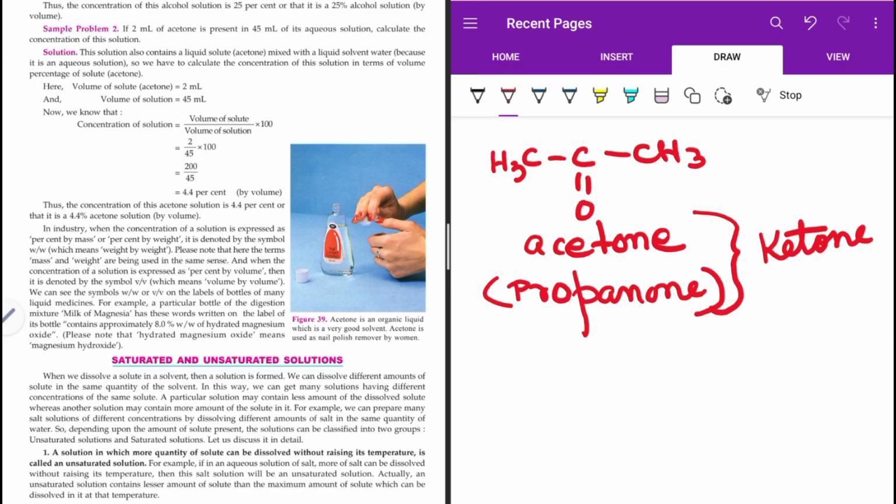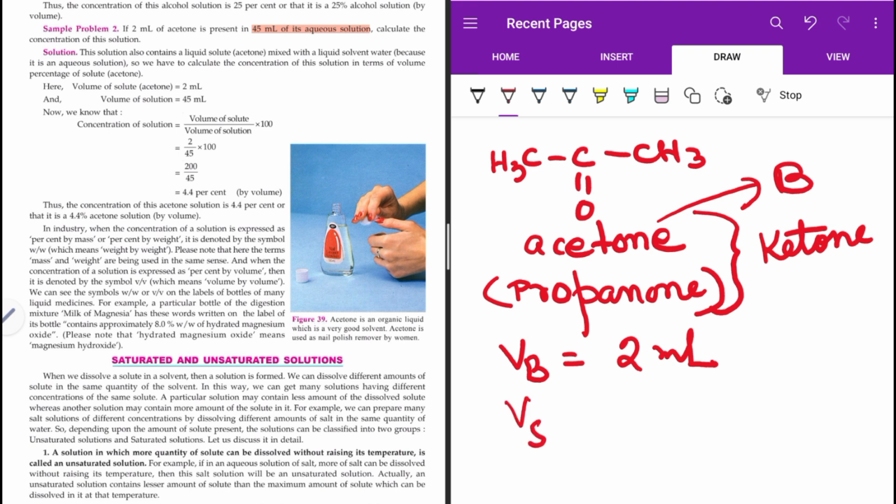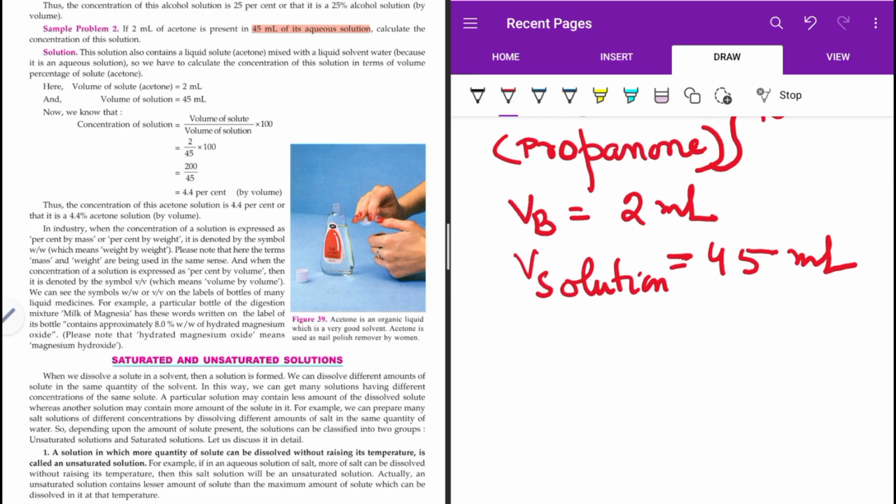So 2 ml of acetone. Acetone is my solute. So VB is the volume of acetone, that is 2 ml in 45 ml of aqueous solution. That means volume of the solution is 45 ml.